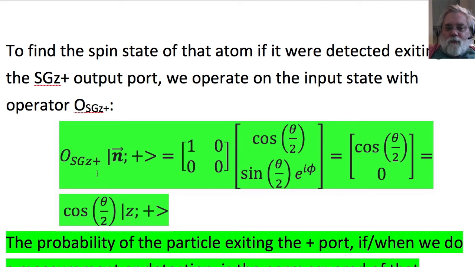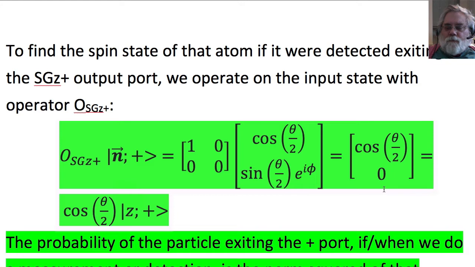We previously determined that operator SGZ plus is this matrix, 1, 0, 0, 0, and we previously worked out that spin state vector n vector plus is the column vector cosine theta over 2, sine theta over 2 e to the i phi. This is a 2 by 2 matrix times a 2 by 1 column vector. We can multiply them. It's easy to do.